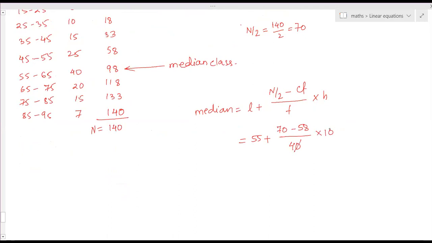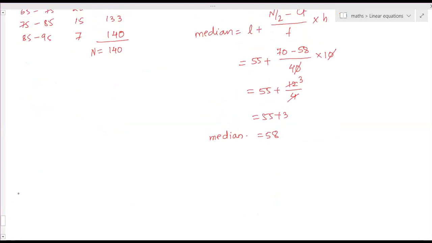Very good. So it is 12 by 4, this is 3. So 55 plus 3 will become 58, the median. Okay, clear?